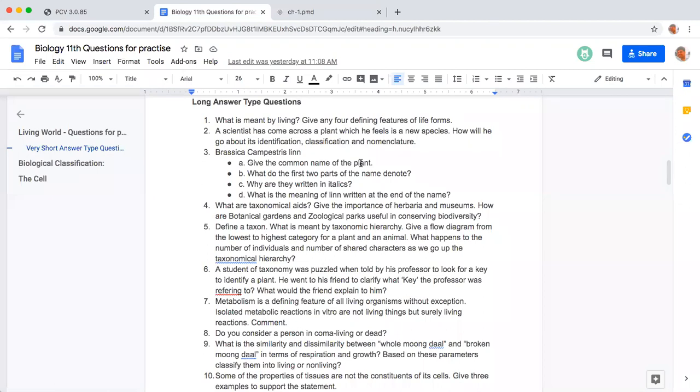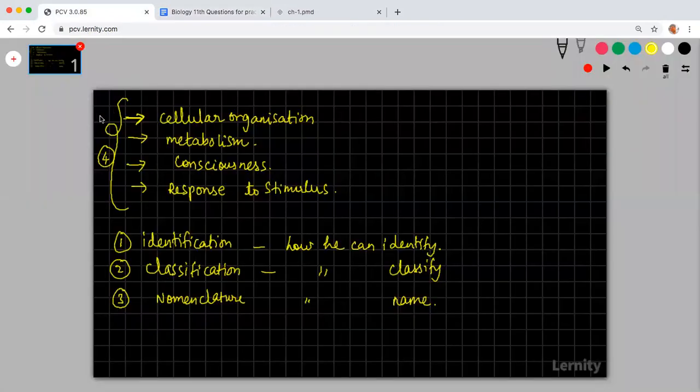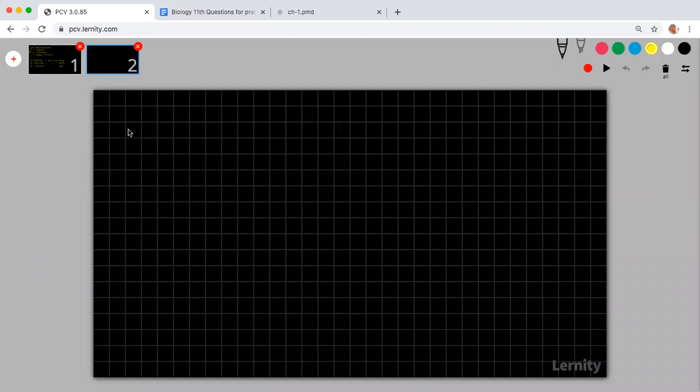Brassica campestris is also called Brassica rapa. Okay, there are two names for the same plant. Yeah, it is not there in the book. Brassica rapa. You might have to see this in the other chapter. You will be able to find it in the chapter morphology.